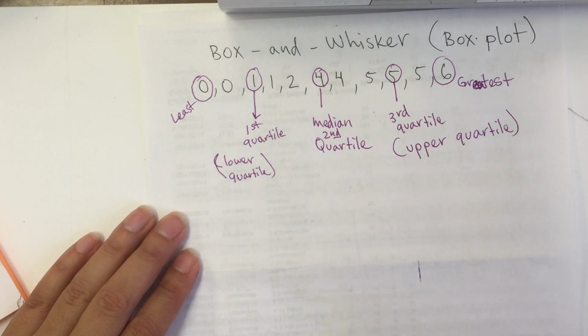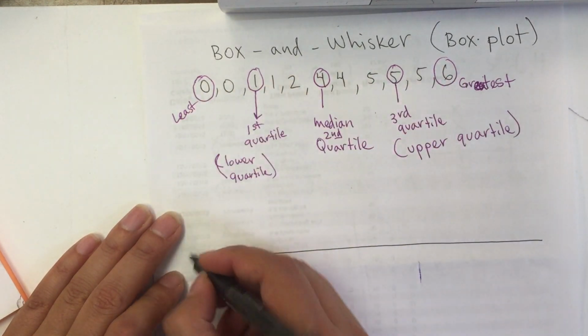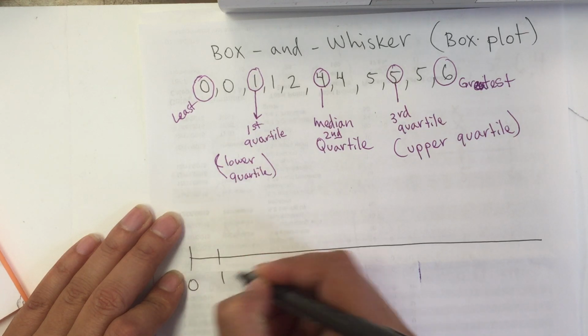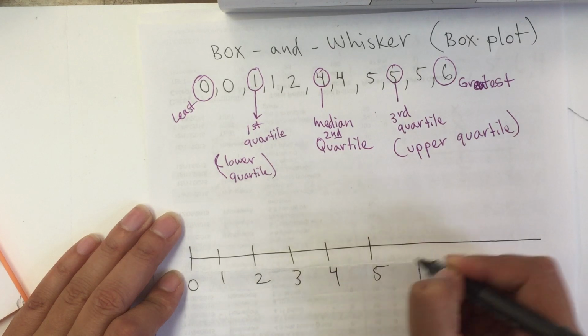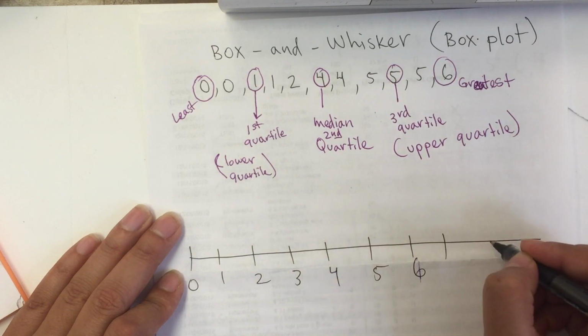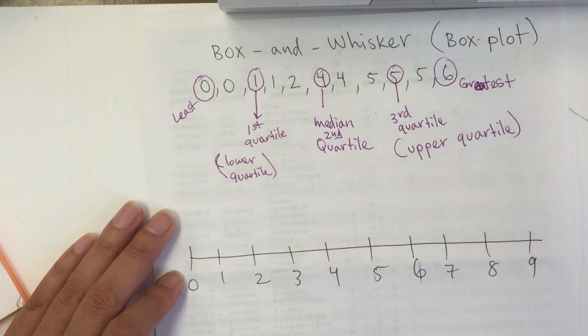And so let's start with that. What you're gonna do is get your lowest and highest, 0, 1, 2, 3, 4, 5, 6. And you can continue, but that's okay, you don't need to. I just have this extra space.